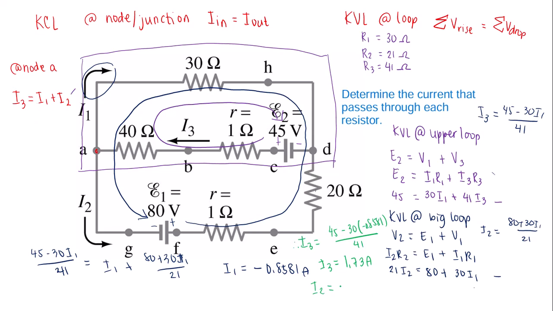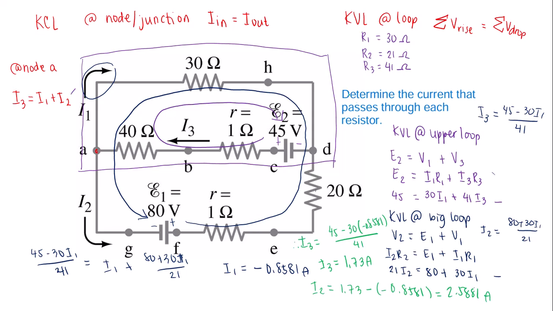And lastly, for I2, so we can just use this. So I3 minus I1. So this is equal to 2.5881 amperes. Okay?